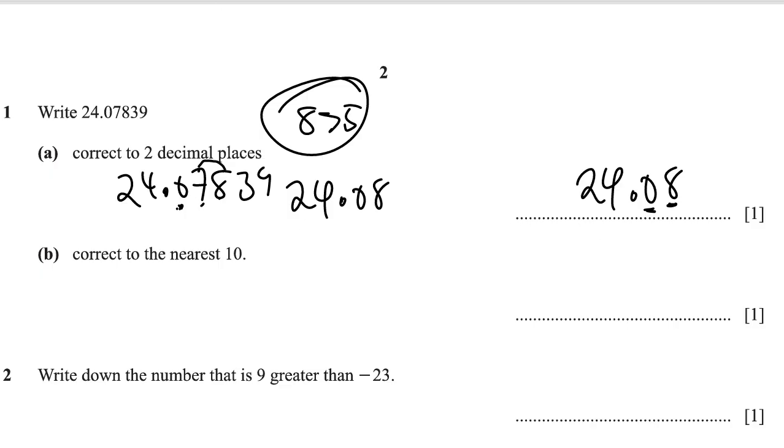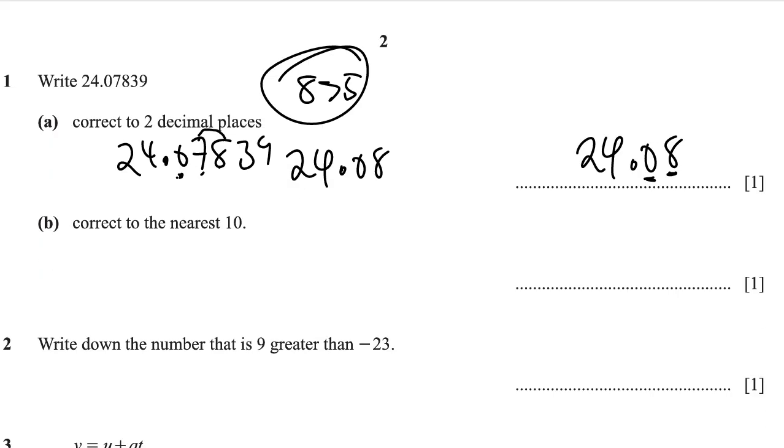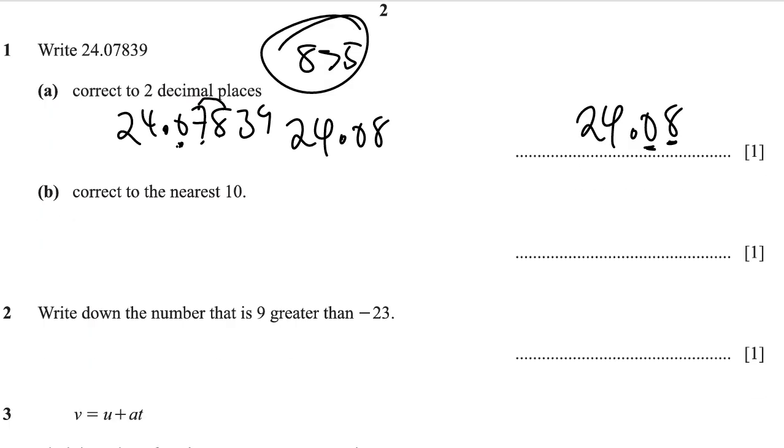The B part says correct 24.07839 to the nearest 10. This is the decimal part, this is the whole part. This 4 represents the units, and this is the tens.